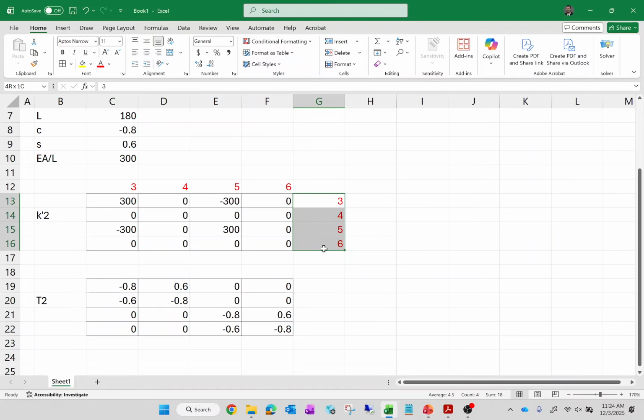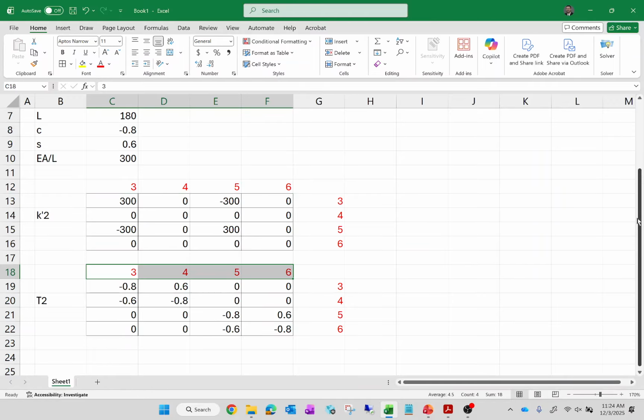All right. Does everybody see why I'm doing that? 3, 4, 5, and 6? Keep in mind, we're looking at element number 2. This is element number 2. So element number 2 connects to this joint and this joint. So what I'm doing is I'm writing the degrees of freedom associated with the structure as a whole. And the reason I'm doing that is because when I assemble, that's where these would go. Okay, everybody with me on that? Sound good?